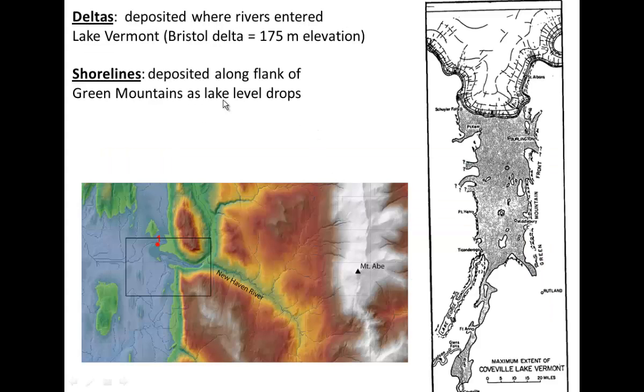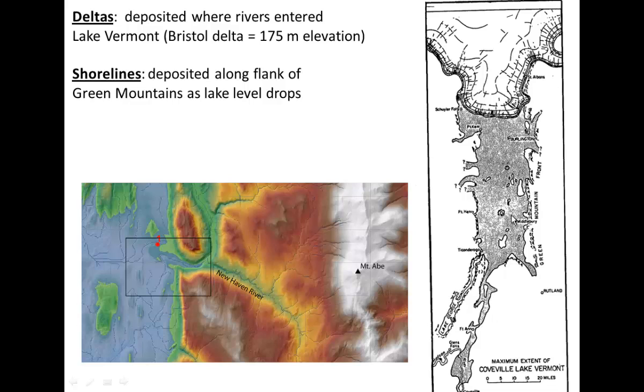Another feature we're going to see is a delta. So a delta is a body of sediments that's deposited where a river enters into a standing body of water. In this case, as the glacial ice retreated from the Champlain Valley, the ice lobe was blocking the northern Champlain Valley. And that actually dammed up a lake called Lake Vermont, which was many times larger than modern Lake Champlain.